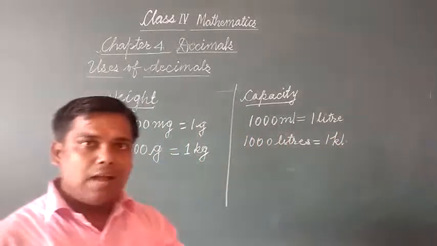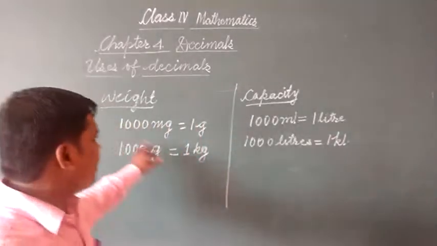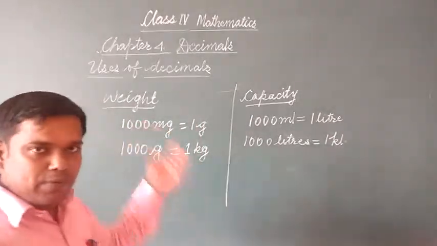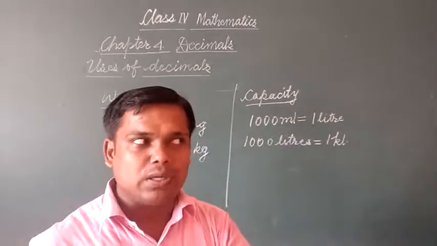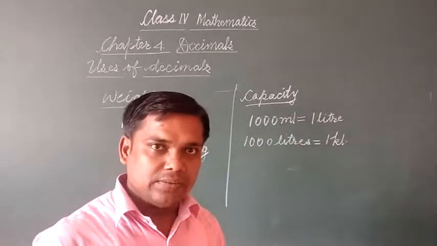So if you have to convert from a smaller unit to bigger unit, you will divide by 1000, and if you have to convert from bigger unit to smaller unit, you will multiply the given quantity by 1000.